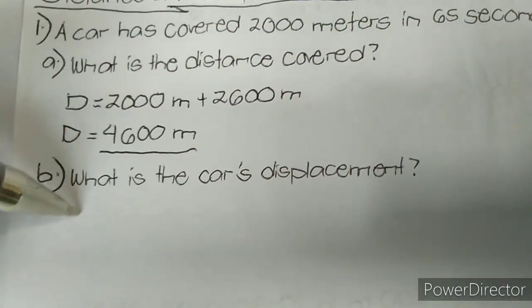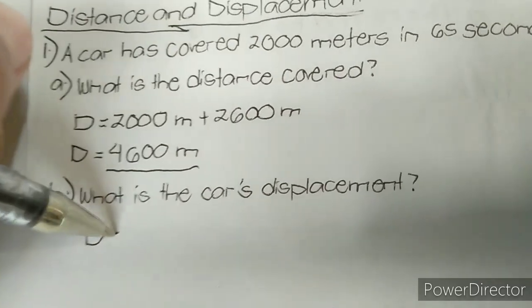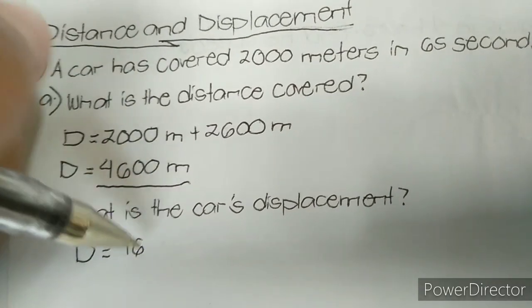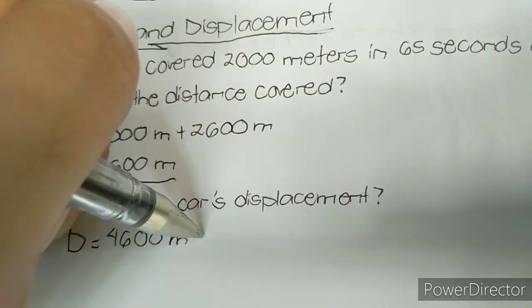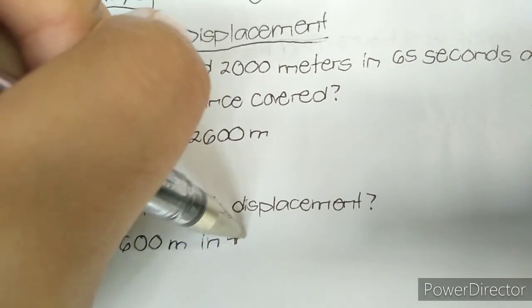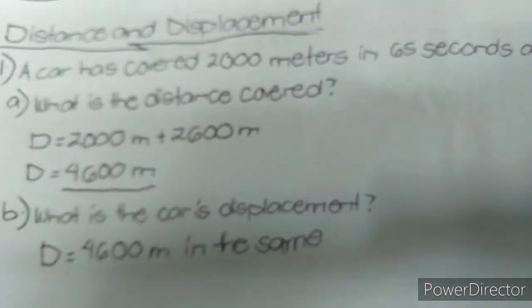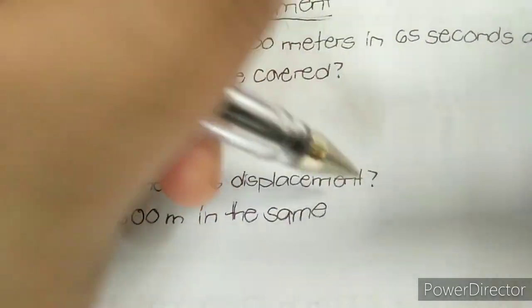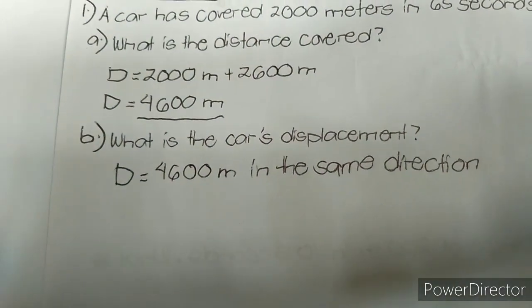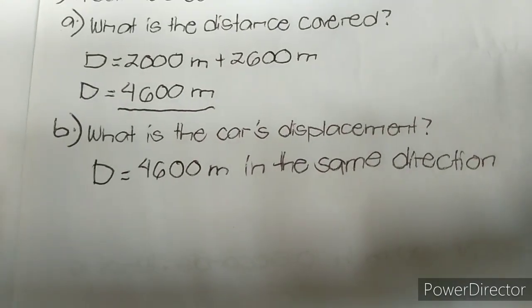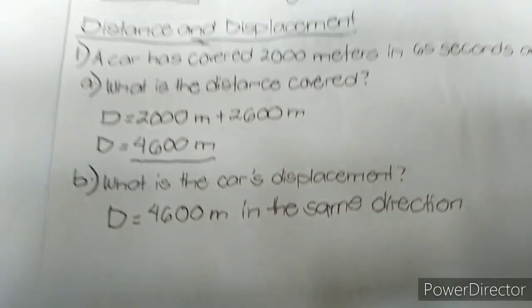So, the car's displacement equals 4,600 meters in the same direction. The total car's displacement is 4,600 meters.